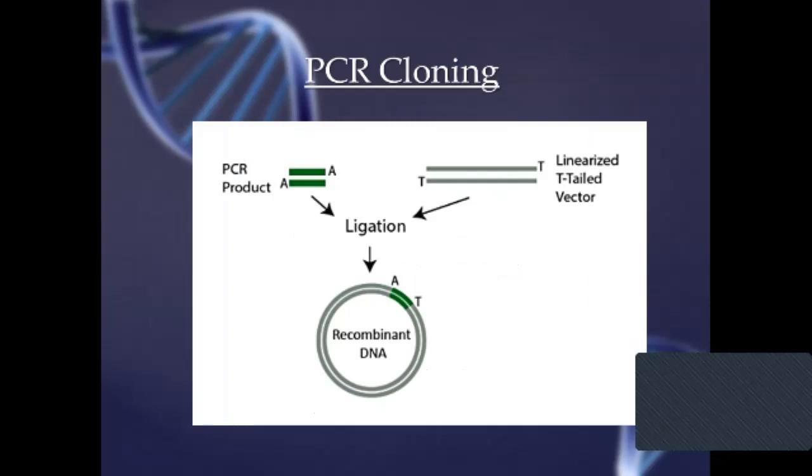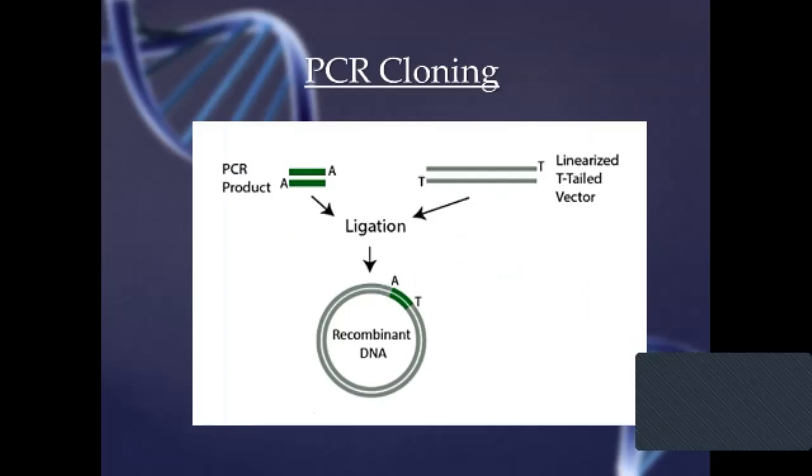The next we will be looking at is PCR cloning. PCR cloning relies on a process called ligation, which is a method of inserting a DNA fragment into a vector using DNA ligase. The reason ligation is important for this step is because it is responsible for inserting the PCR product into the TA-tailed plasmid.